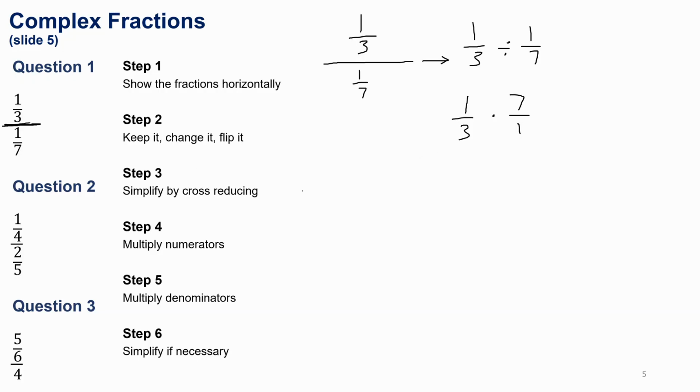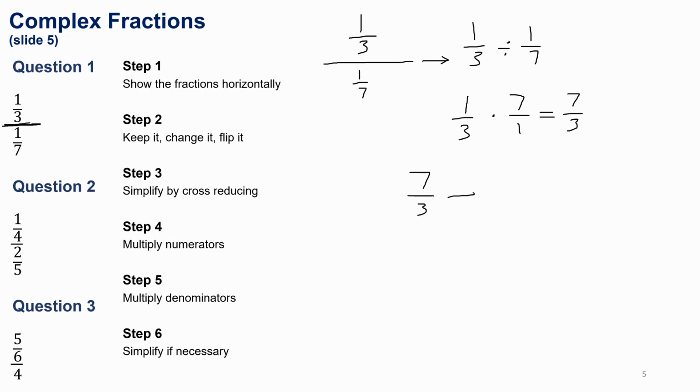Next, we can simplify by cross-reducing. In this case, 1 and 1 and 3 and 7 cannot be reduced down. So then we go to multiplying our numerators. 1 times 7 is 7, and multiplying our denominators, 3 times 1 is 3. So we now have 7/3 here. 7/3 cannot be simplified down.